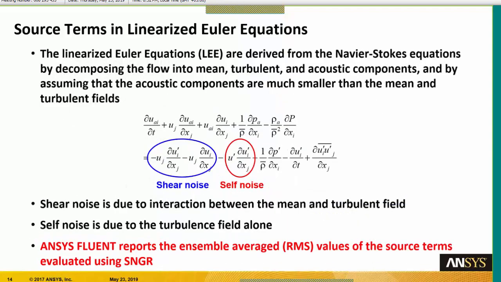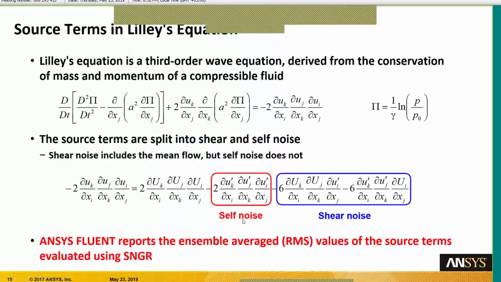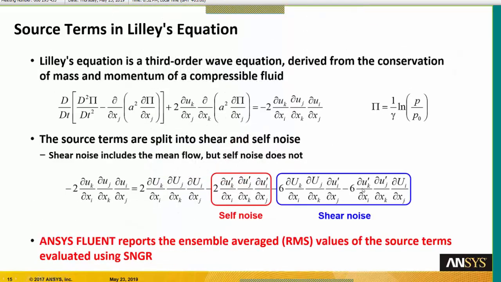So that was the case for the linearized Euler equation, and for Lilley's equation, you have 2 contributions. Once again, it's very complicated because it's the smallest terms that we are going to consider for Lilley's equation. Here, once again, you recognize self noise, involving turbulent fluctuations only, and you recognize shear noise, where you have contributions from mean flow quantities and turbulent flow quantities.